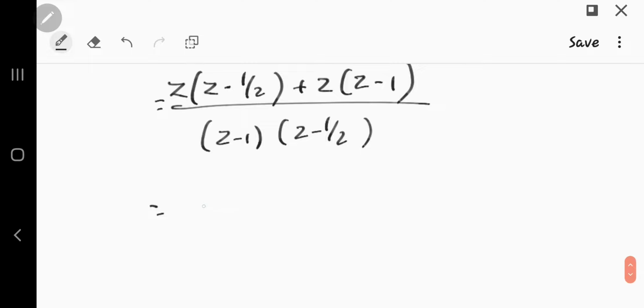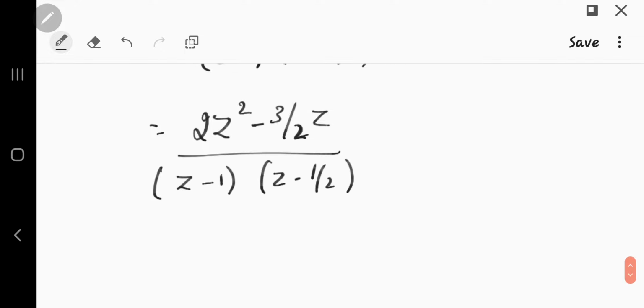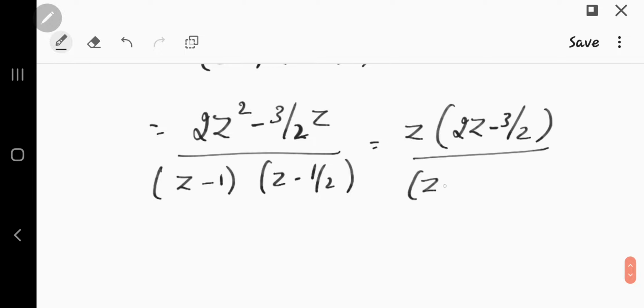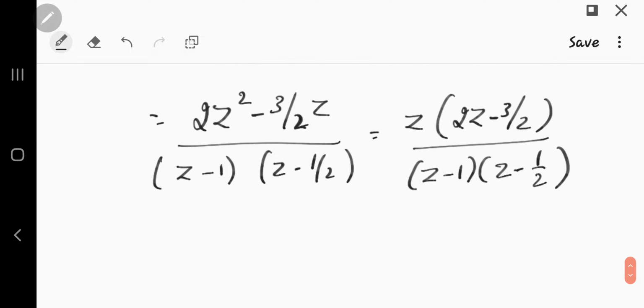And if you go, you should get 2z square minus 3 by 2z divided by z minus 1 and z minus 1 by 2, and you can further take z outside, that will leave 2z minus 3 by 2 divided by z minus 1, z minus 1 by 2 here. Now this is the least we can simplify.